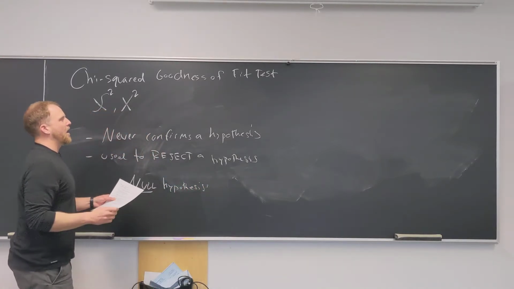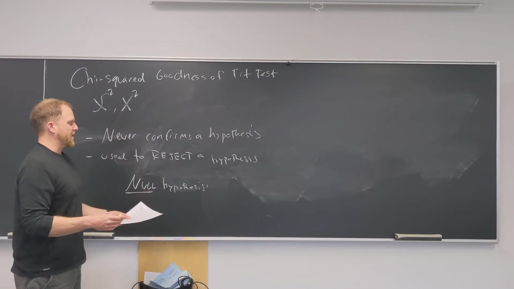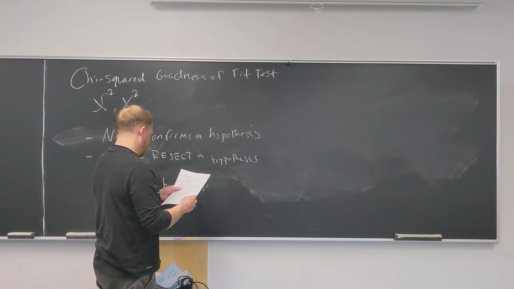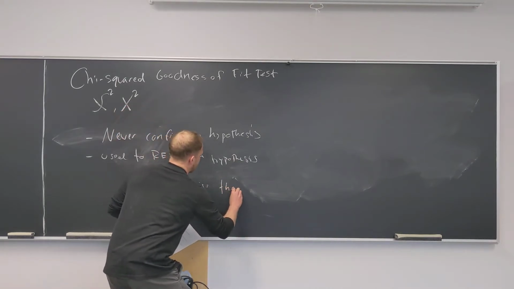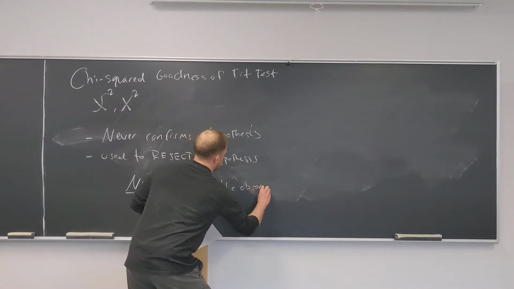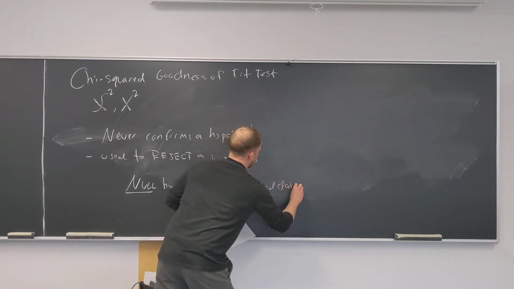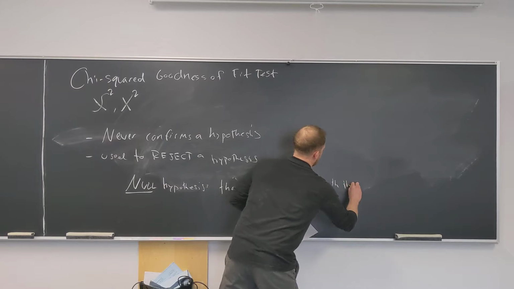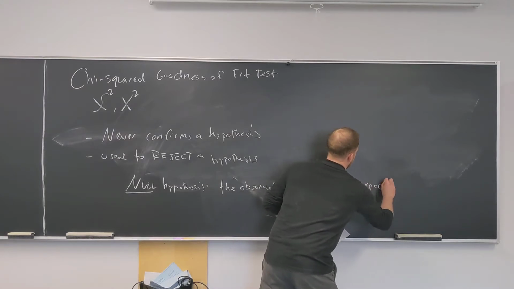In essence, the null hypothesis going into any chi-squared test is that the observed data fit with the expected data.